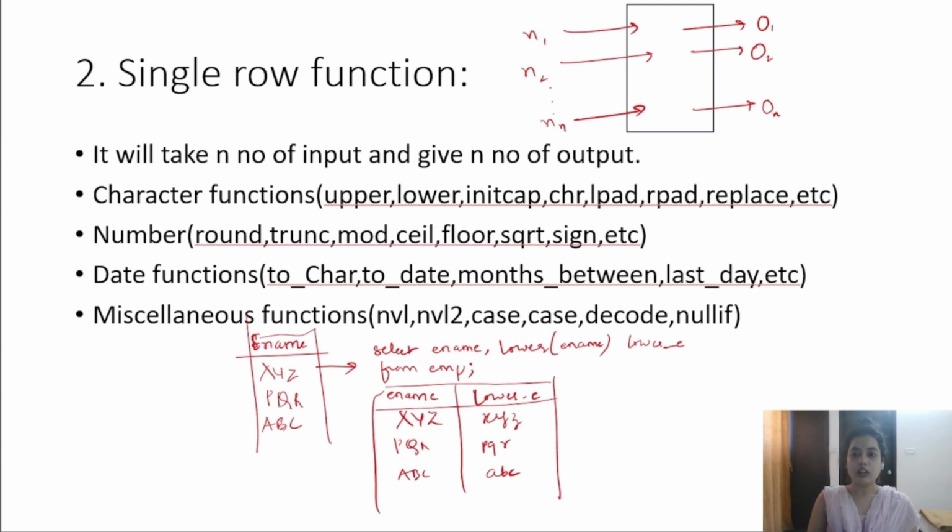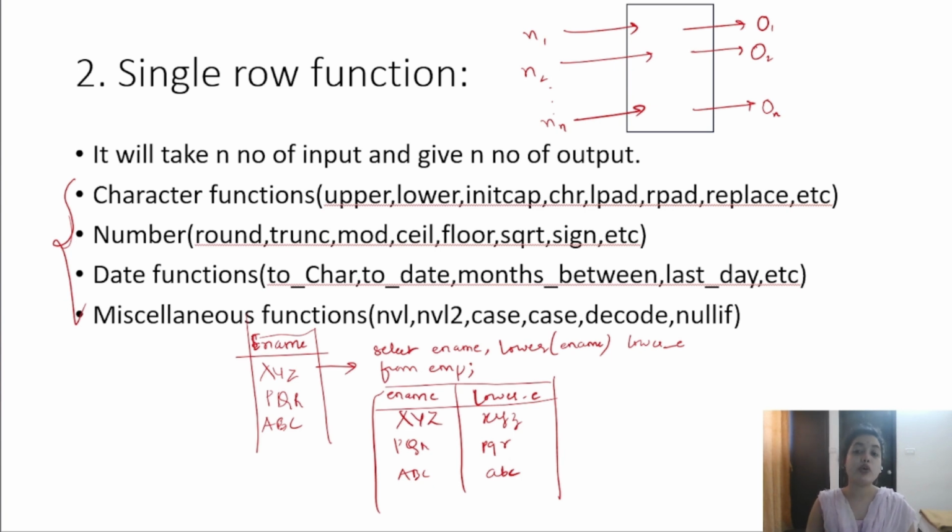Now, single row functions are divided into a few types of functions. First is character functions. In character functions you manipulate strings: whenever you want to manipulate some string, or a character or varchar column, at that time we'll go for character functions.